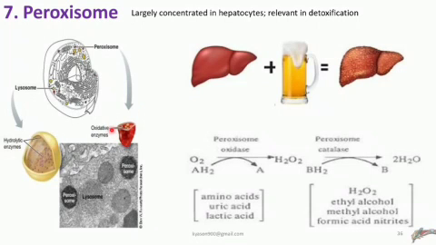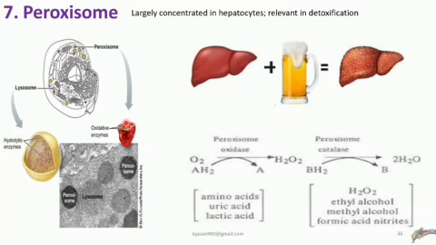These enzymes include peroxisome oxidase and peroxisome catalase. I'm not going to go into detail of how they work, but understand that these enzymes are going to help neutralize toxins or toxic metabolites within your body.